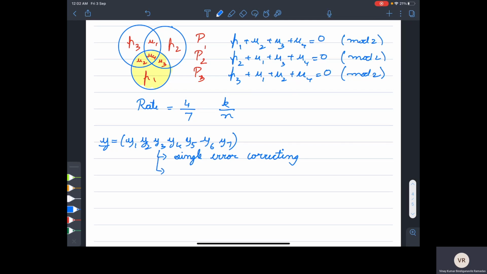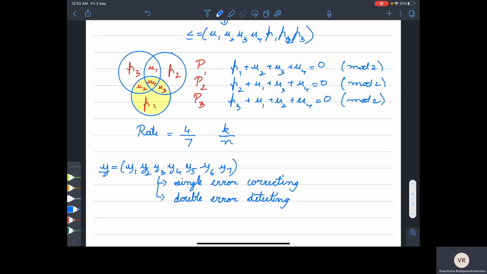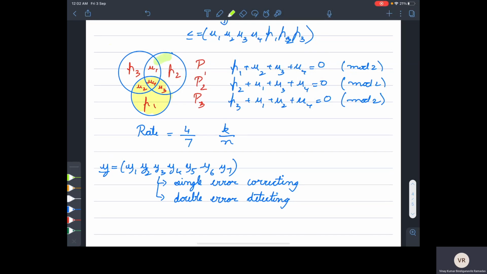It can also be verified that it's a double error detecting code. So if there are two errors in the channel, suppose U1 and P2 are the bits that get flipped in the channel, then while the parity check equation corresponding to P2 is still satisfied, the parity check equation corresponding to P3 won't be satisfied because U1 is in error.